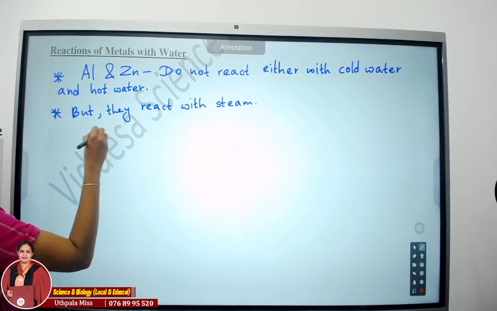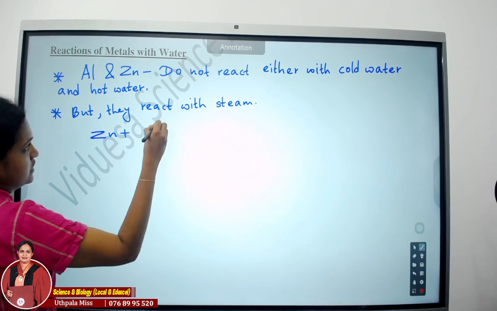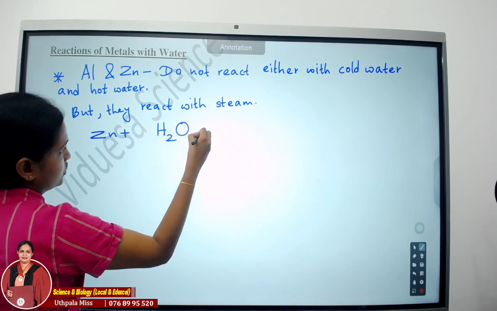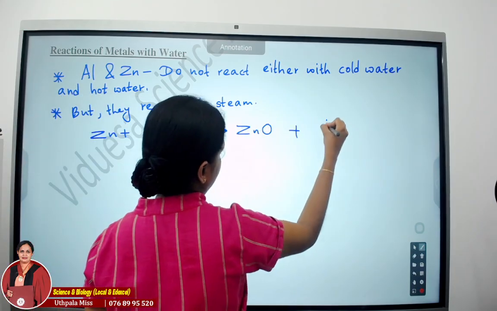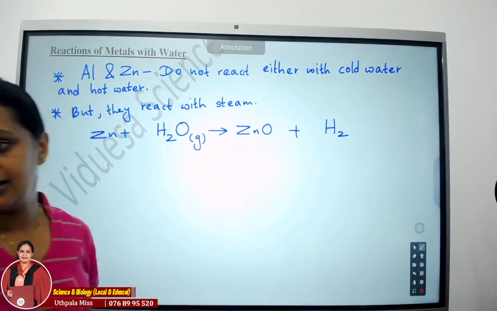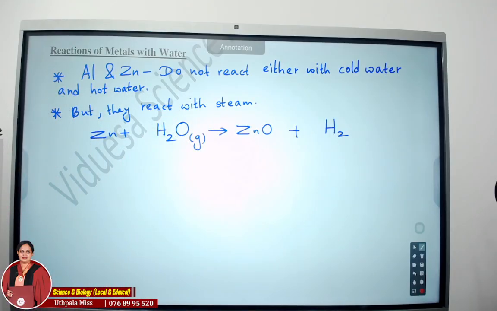For example, the reaction of zinc with steam, H2O gas, gives zinc oxide and hydrogen. That is how it reacts.